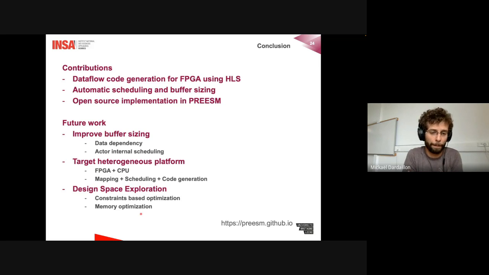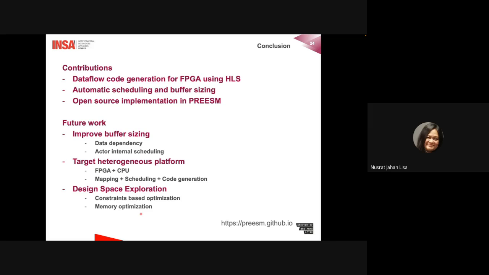Okay. I asked this question because, as I understand what you are doing, please correct me, in your research you are trying to find automatic scheduling and buffer sizing.